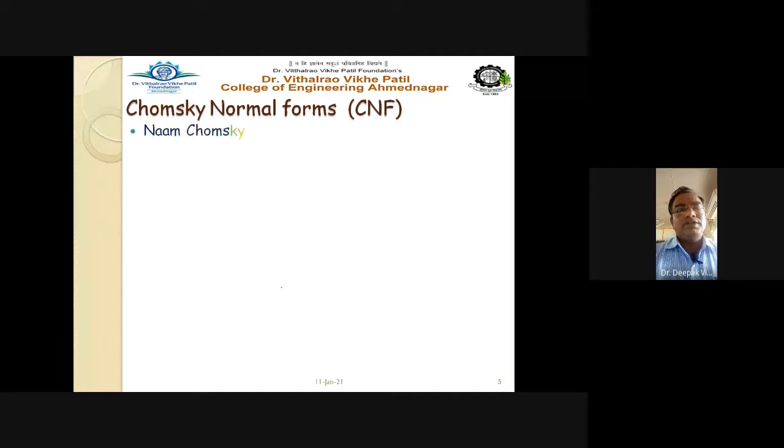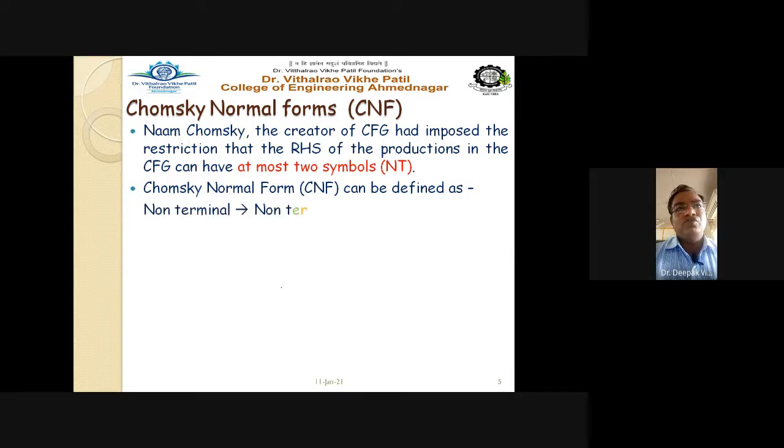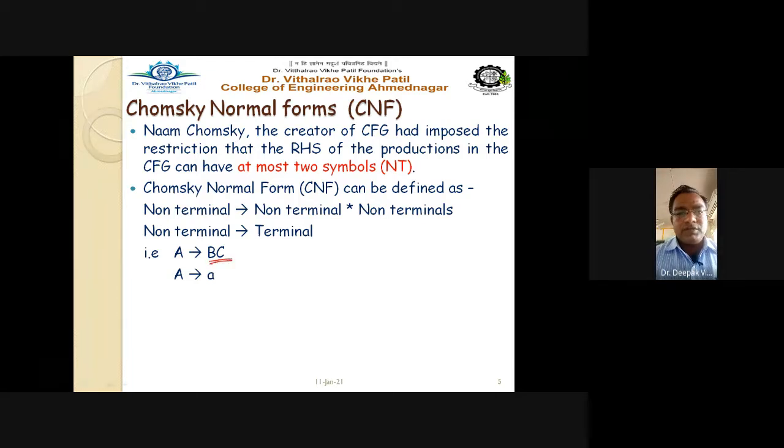In the Chomsky normal form, Noam Chomsky, the creator of CFG, imposed the restriction that the RHS of the production in the CFG can have at the most two non-terminals. So the Chomsky normal form is nothing but a format: on the right-hand side of the production, there must be at the most two non-terminals.